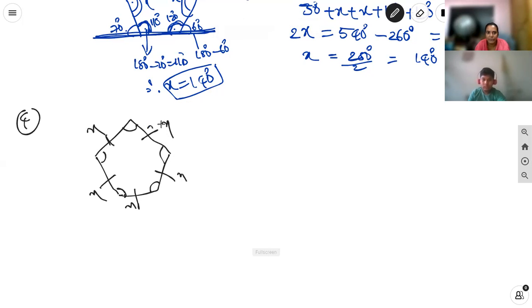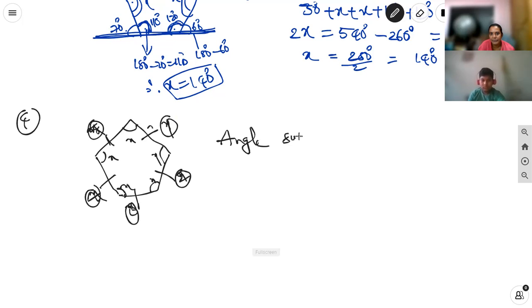Here n equals 5, with 5 angles x, x, x, x, x. So what is the angle sum? 5 minus 2 times 180 degrees, which is 3 times 180 degrees equal to 540 degrees.